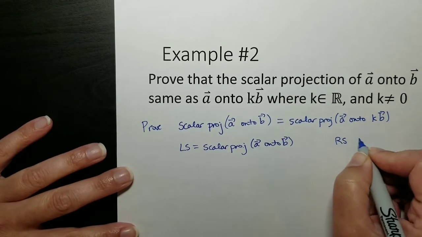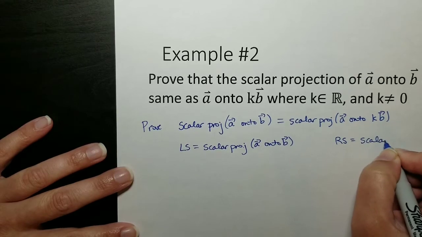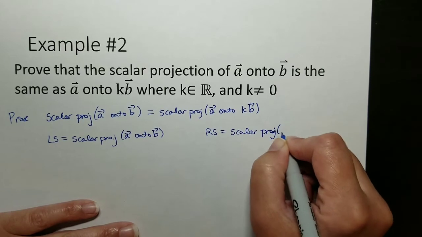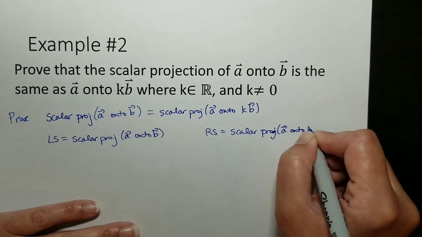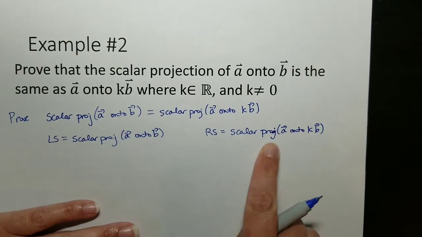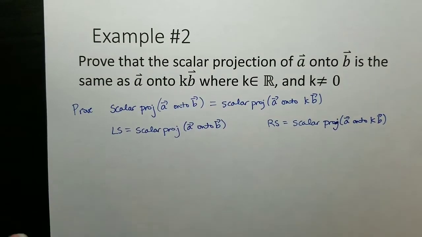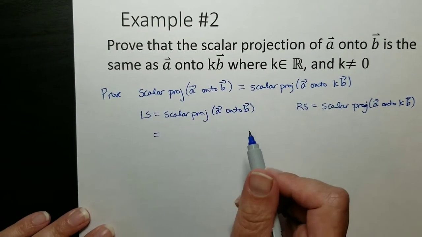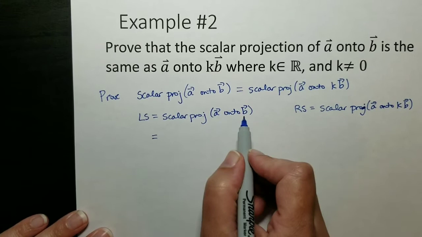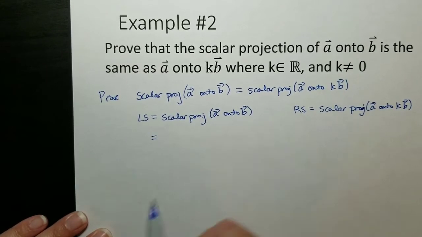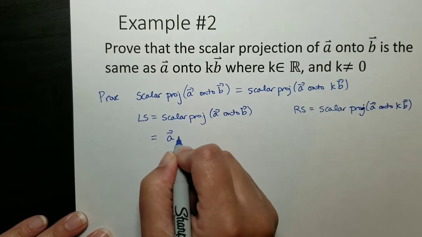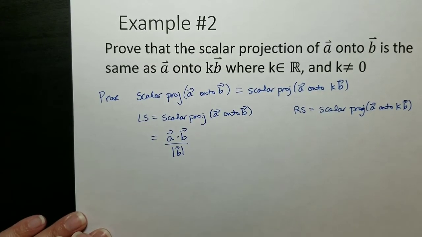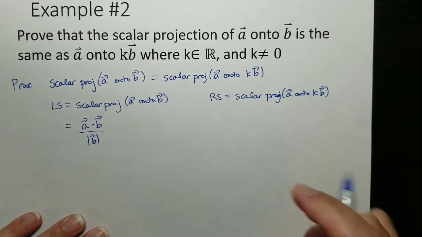Okay, so here we know that this is going to be A dot B divided by the magnitude of B. I'm going to stop there and see what we get on the other side.